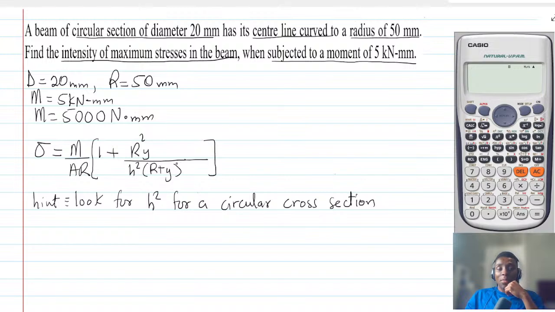Everything is the same. That's all. So without wasting much time, let's go ahead and solve this question. So first of all, we have this form of circular cross section, something like this.